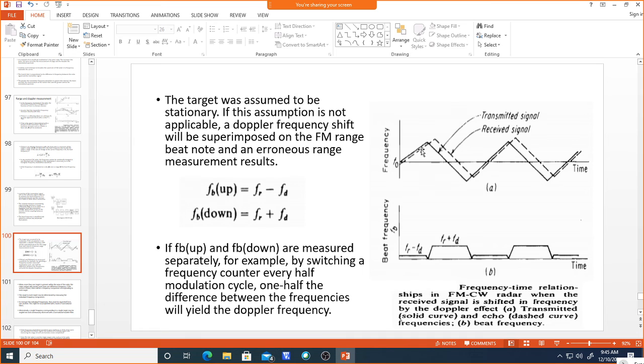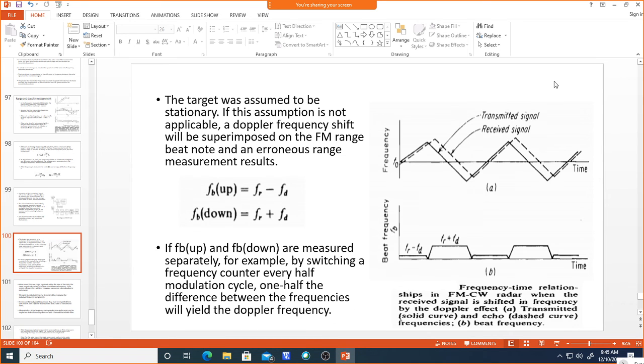The solid line is the transmitted signal, and the dashed line is the echo signal. This is the beat frequency with respect to the Doppler shift which is happening. Now, the up and down beat frequencies are measured separately by switching the frequency counter every half modulation cycle, and the difference between the frequencies will yield the Doppler frequency.